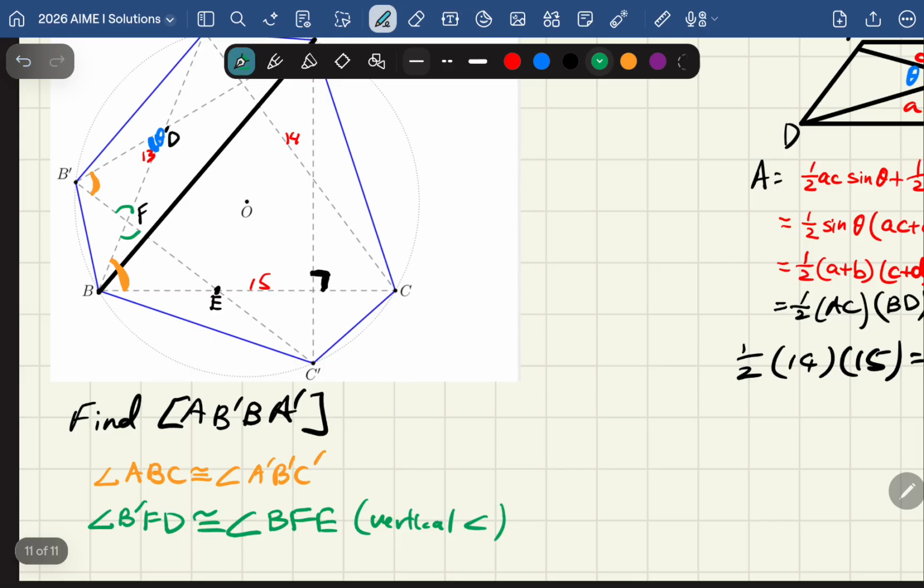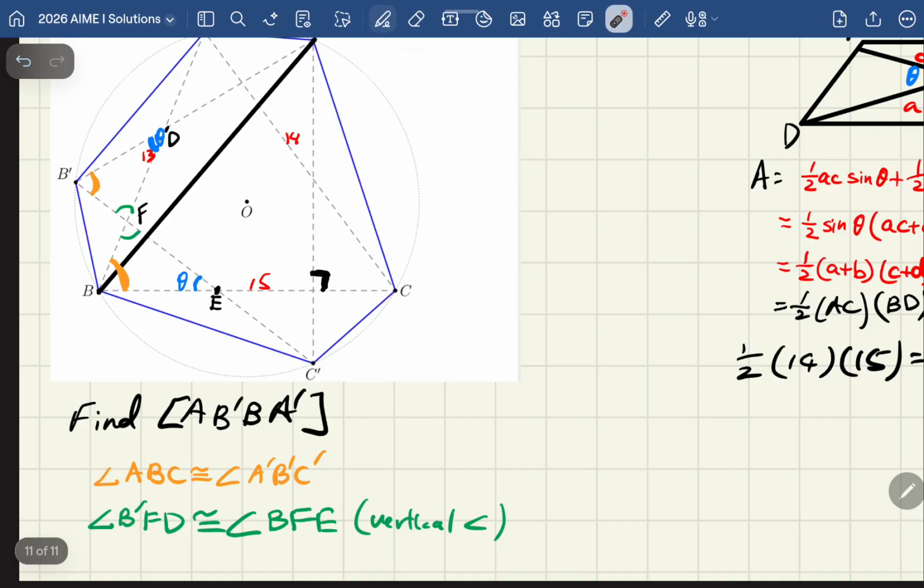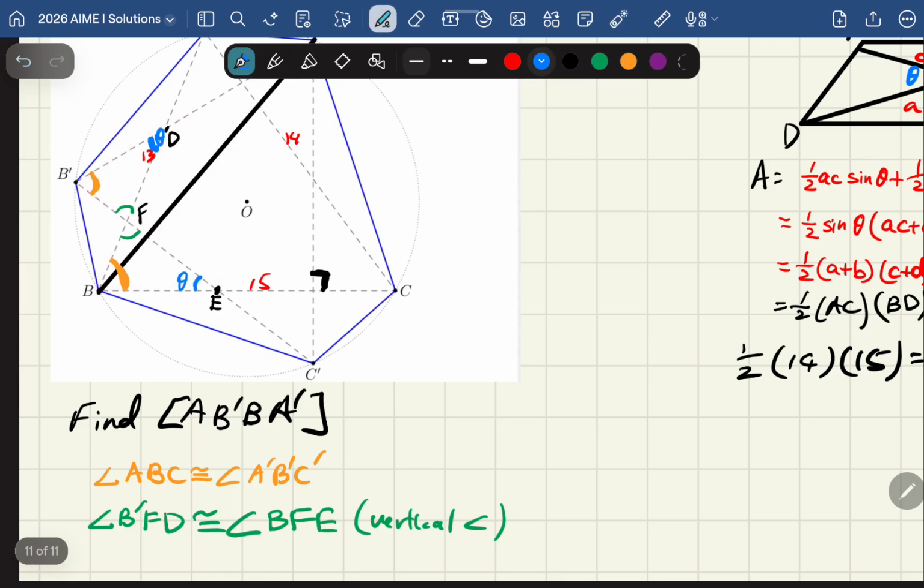And this is also theta, because these two triangles are congruent. But then this is also theta.